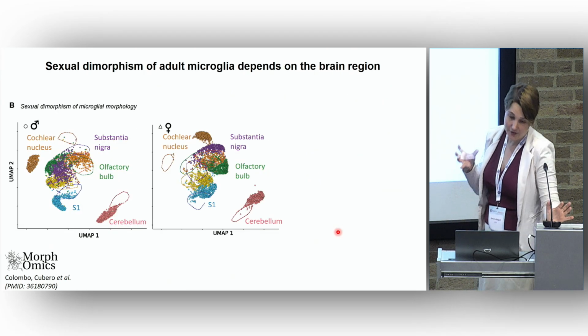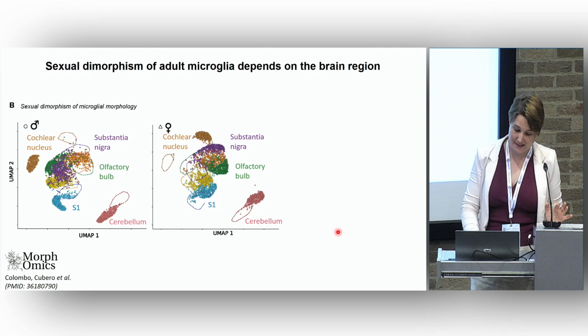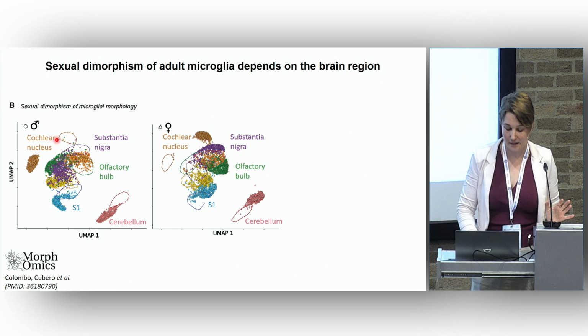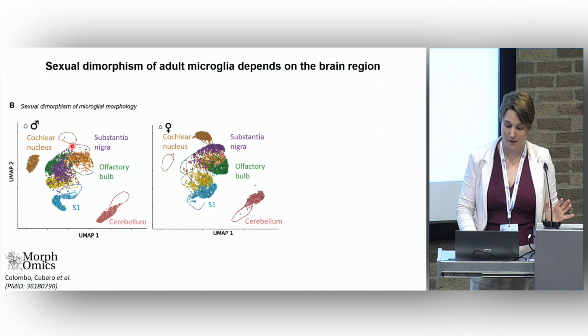And indeed, we find that in certain brain regions there is a sex difference. Here we have the males highlighted in color, and on the right side, the females, and each time there is a frame around it for the opposite sex. You can see that in the cochlear nucleus the microglia are different.